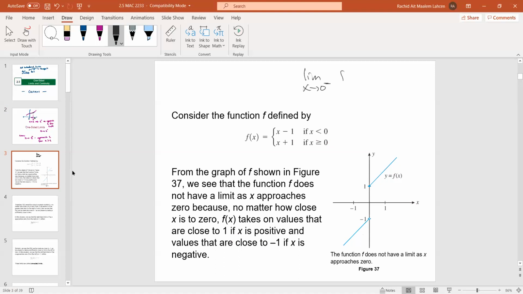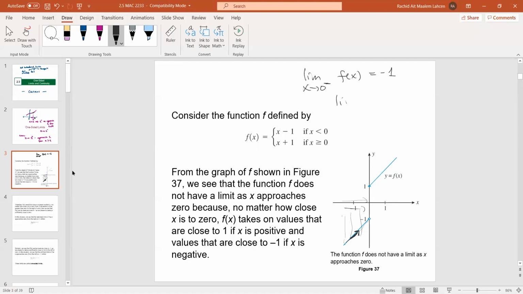From the left side, if you project it here, you're going to be using this function and going towards that point as x goes to 0. This point is going to keep going towards -1.